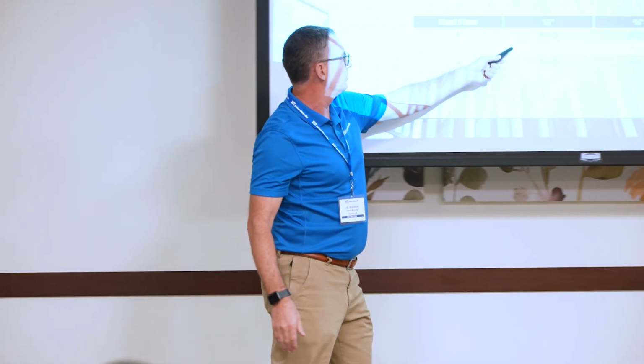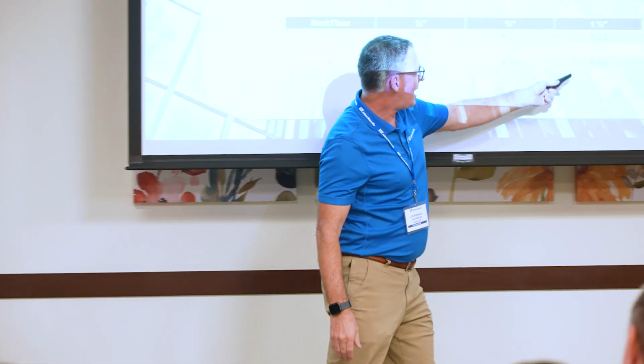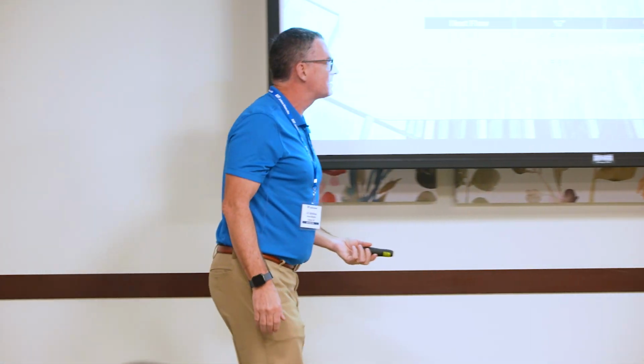What's the R value of that one single airspace? We get anywhere from as low as R1.8 to as high as R5.6, depending on the direction of the heat flow. And actually, it also varies just by temperature again.